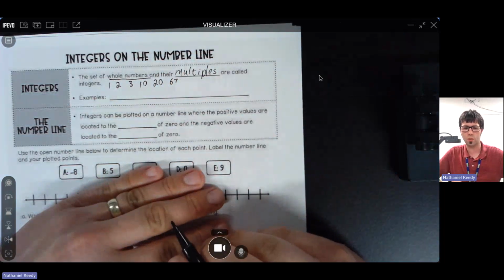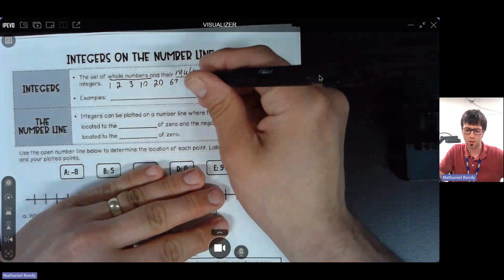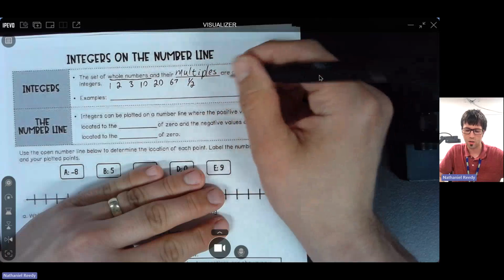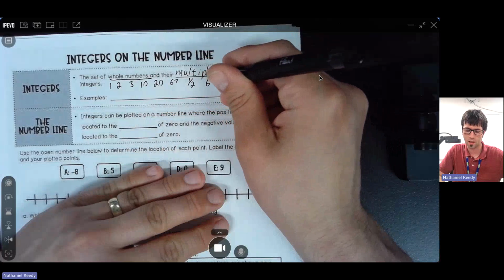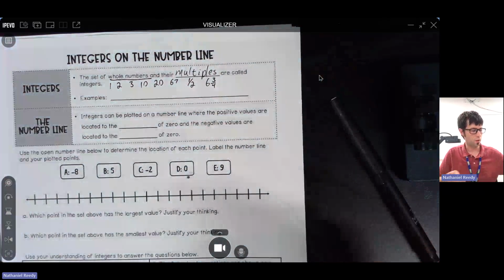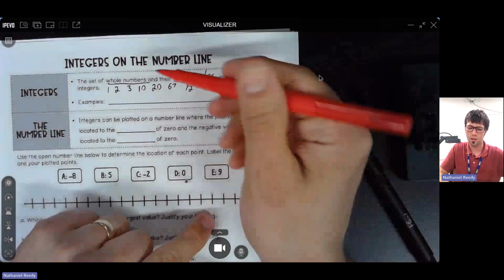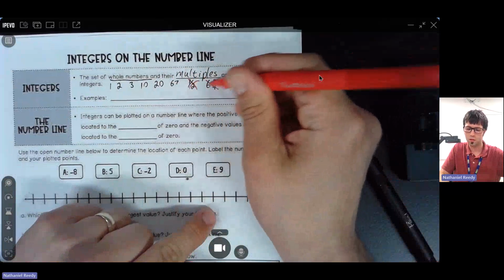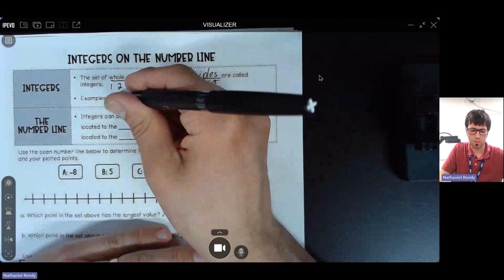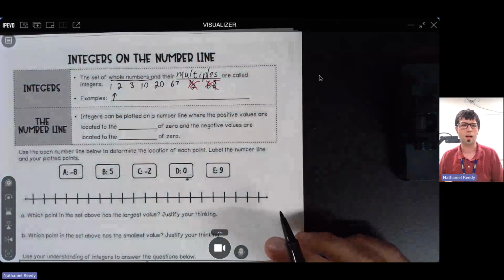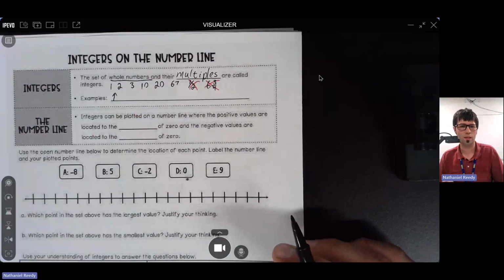Those are examples of whole numbers. Whole numbers do not include things like fractions, like 1/2, or mixed numbers like 6 and 3/4. So those are not whole numbers. And I guess I just completely did the examples already.